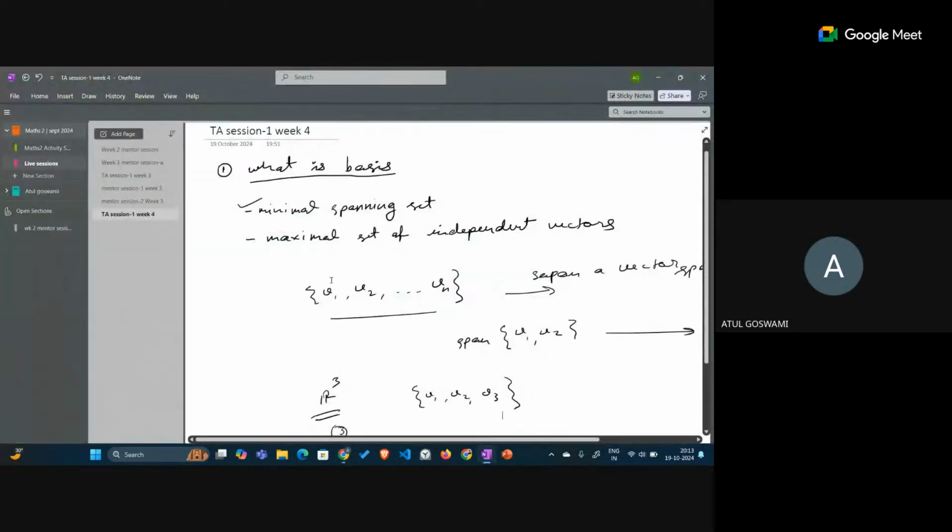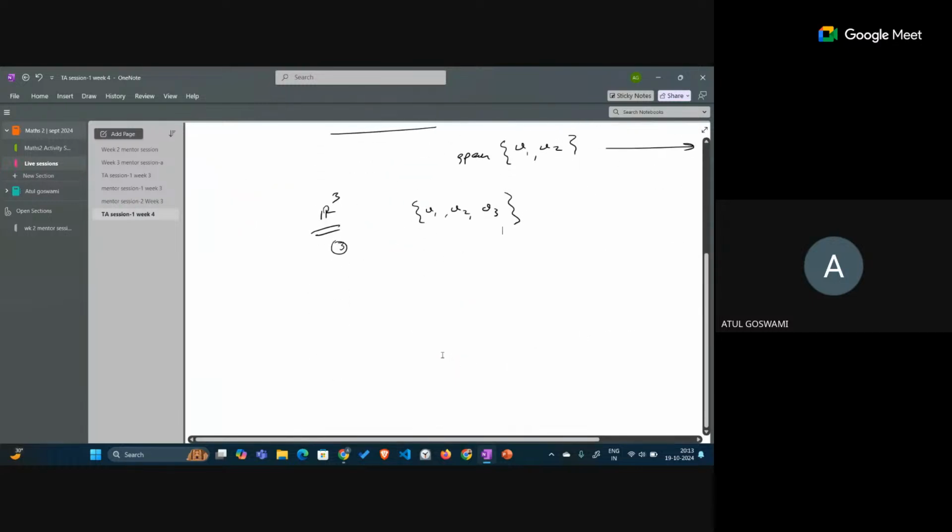Because we know this is a maximal independent set of vectors, can it be different or must it be the same?